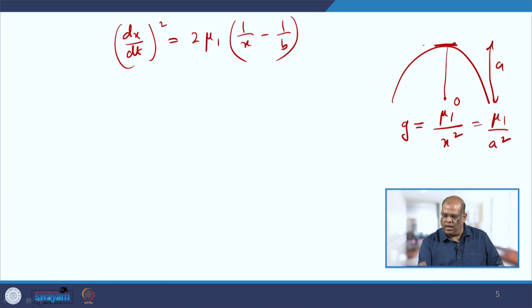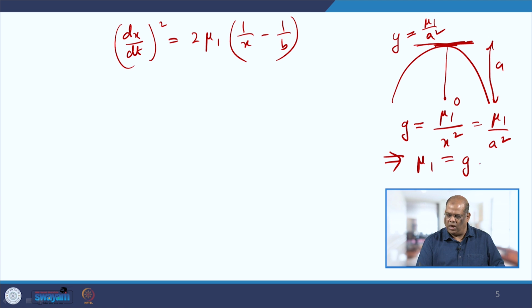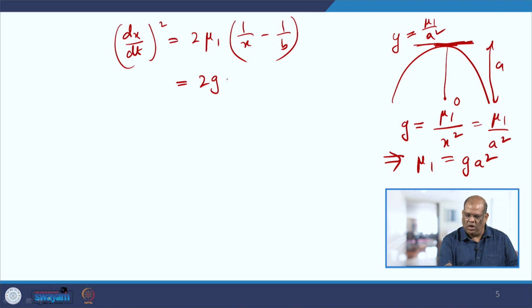So, on the surface of the earth the gravitational constant is g and it also follows the inverse square law, so it is μ1 by a², and on the surface the value of x is a. So, this has to be equal, and this gives us μ1 equal to g times a². So, you substitute here and you get 2ga² (1/x minus 1/b).